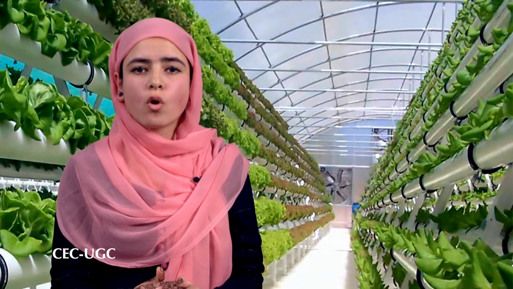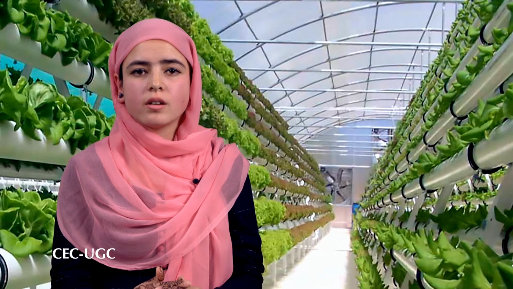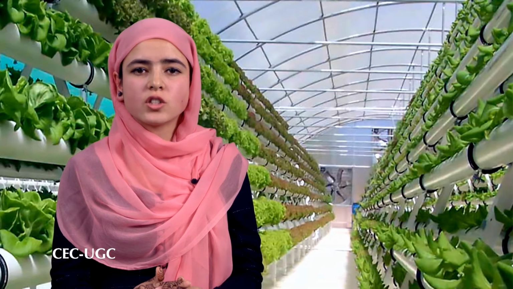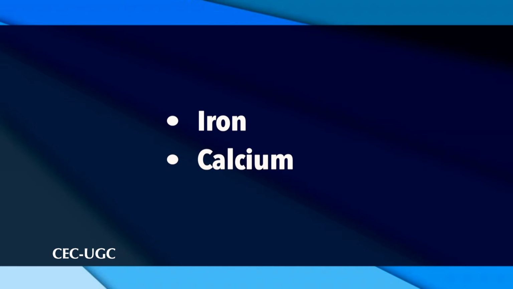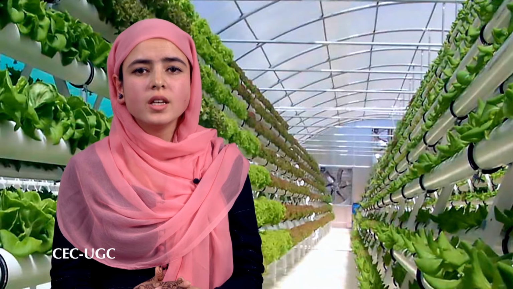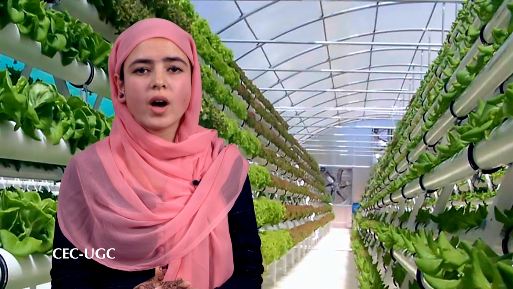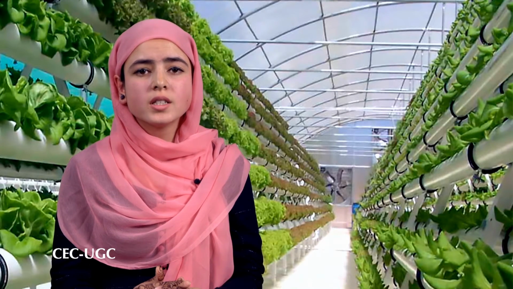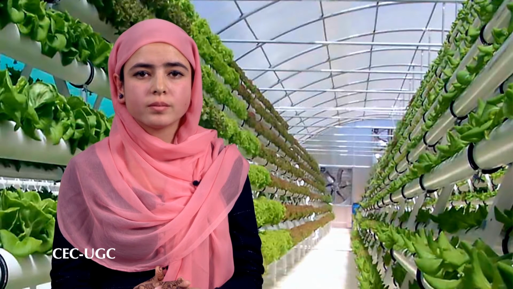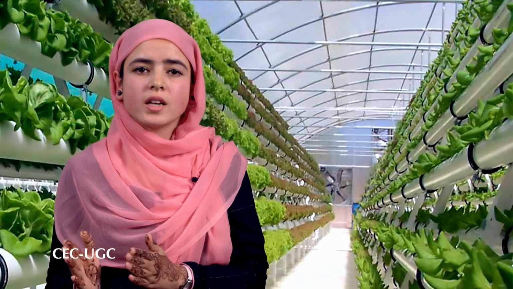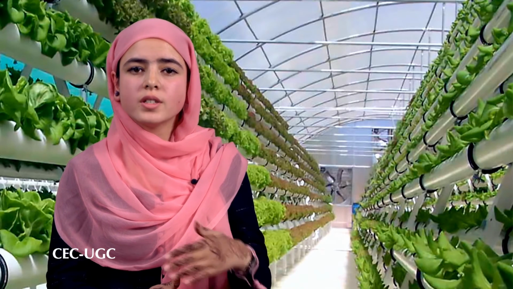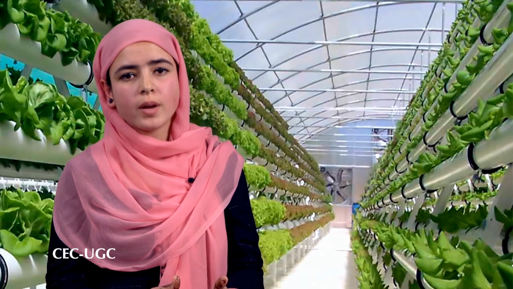These compounds form soluble complexes with cations such as iron and calcium. In these complexes, the cations are held with the help of ionic forces instead of covalent bonds. Chelated cations are found to be physically more available to the plant.